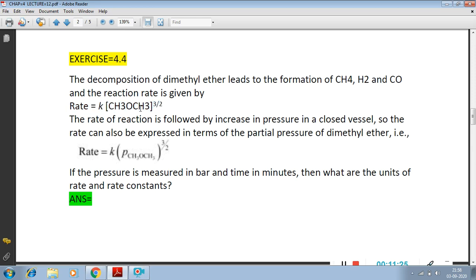Now CH3OCH3 means our dimethyl ether. It is formula of dimethyl ether.